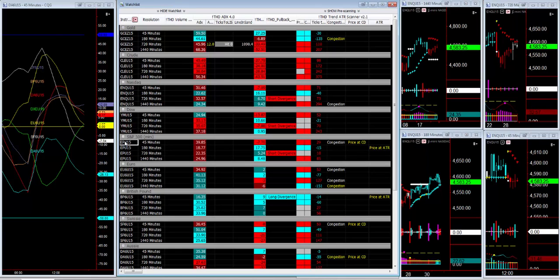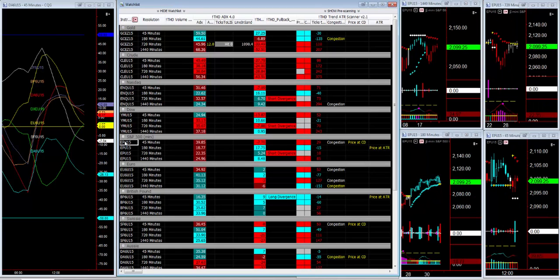Let's go over and look at the S&P 500. The S&P 500 is, I think, one of the worst markets to trade, but that's my personal opinion. You do have an ATR above price in the 1440. It's at an ATR right here, at an ATR that is below price here, and then you have an ATR and a congestion dot.